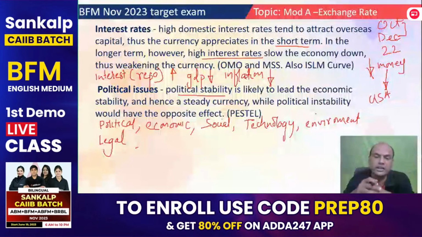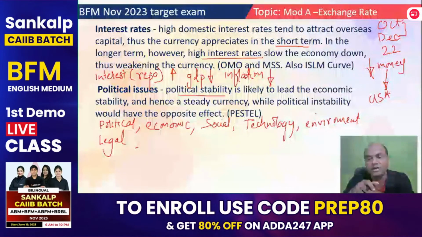While investing in any country, any financial institution will first check the PESTLE analysis. Whether politically that country is stable, whether economically it is stable, socially how the structure of that country is, whether the people over there are cooperative and ready to work, technologically how advanced the country is.